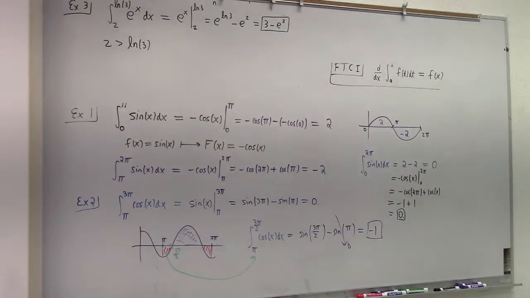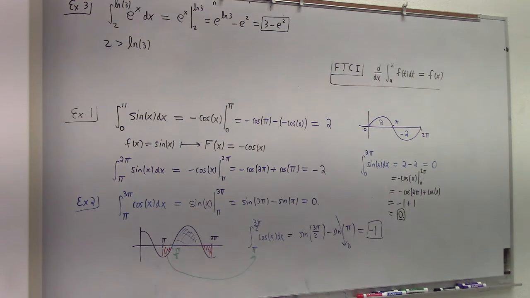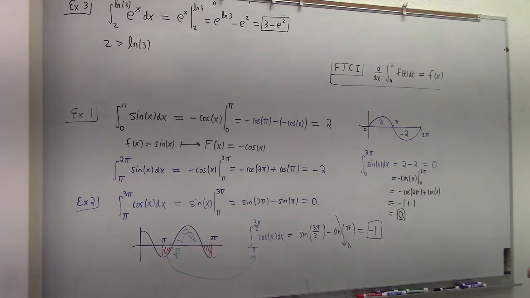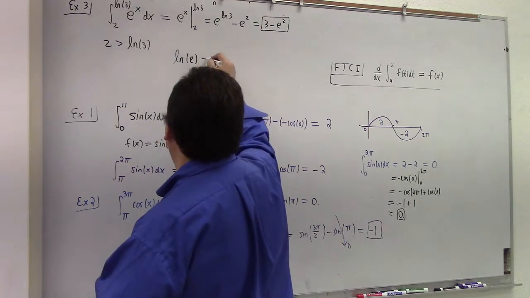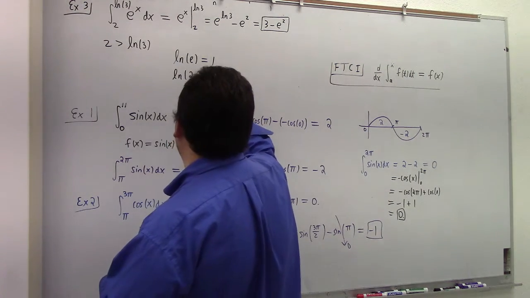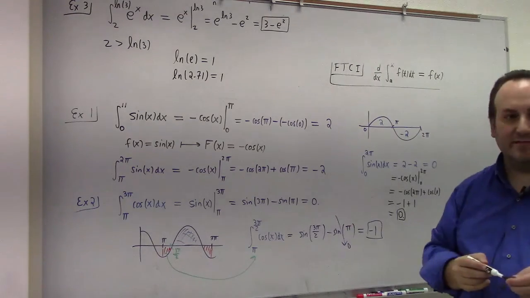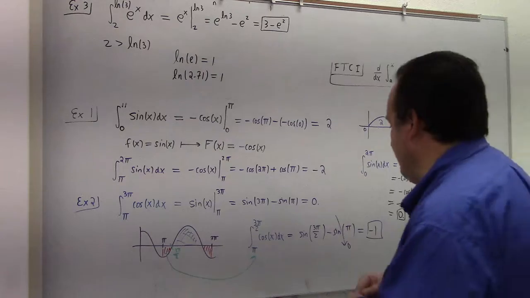What is the natural log of 3? Well, the natural log of e is 1. So the natural log of 2.71-ish is 1, which means the log of 3 is somewhat close to the number 1. That's how I knew it, but okay.